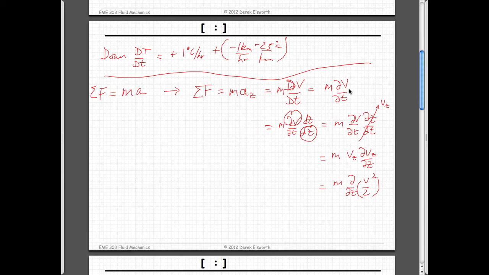But if you're looking at this, you can also look at my trajectory as I go across the room and see how my velocity changes, not with time, but in space as I go in front of you. And that gives you the ability to still calculate the same forces, because obviously those forces which are making me accelerate that I feel have to be the same forces that you would calculate if you're looking at me from your reference point there. That's really all substantial derivatives are. So it's important to be able to make that connection in what we do.